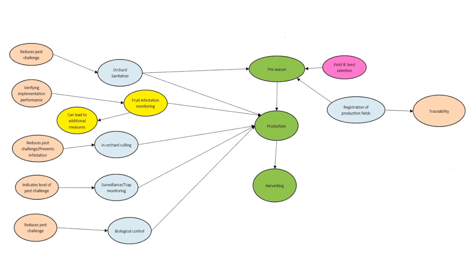Basically, it's the tool that we developed as a team that will help to engage the stakeholders when you work on market access of the importing country. The tool itself shows different stages in the production chain of your crops.